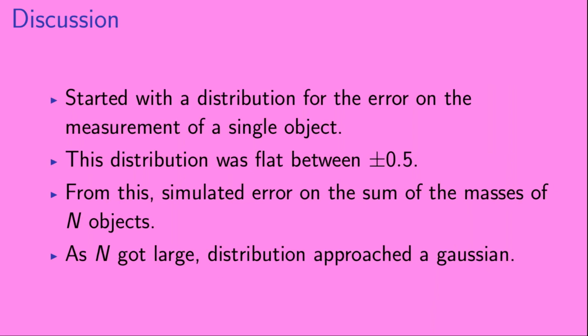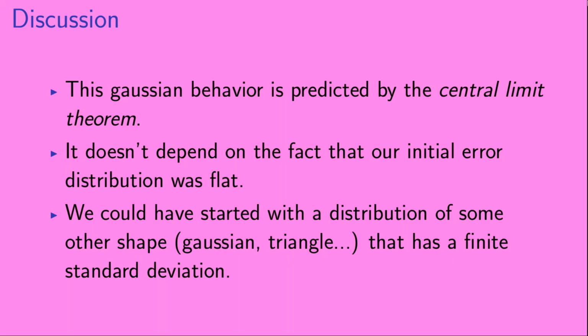Additionally, we started with a distribution for the error on the measurement of a single object. And that distribution was flat between plus and minus 0.5 kilograms. From this, we simulated the error on the sum of the masses of n objects, and we saw that as n got large, the distribution of the error approached a Gaussian. This Gaussian behavior is predicted by the Central Limit Theorem.